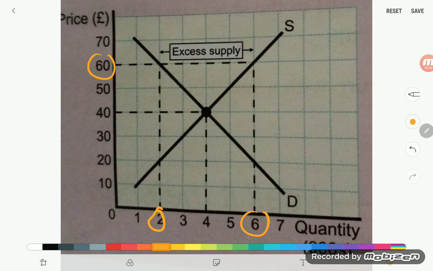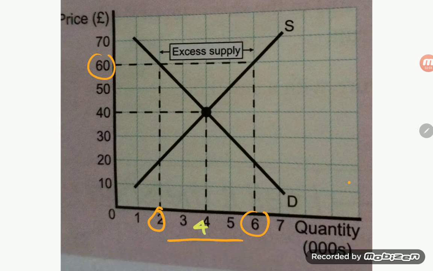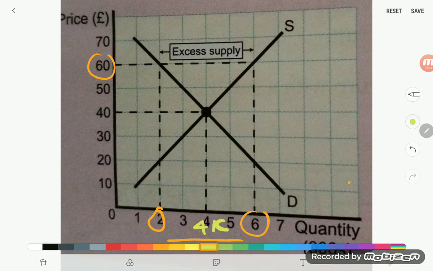There is an excess of 4,000 teddy bears. So if the teddy bear is priced above the equilibrium price, in our example £60, there's a surplus, another way of saying excess supply, of 4,000 units.